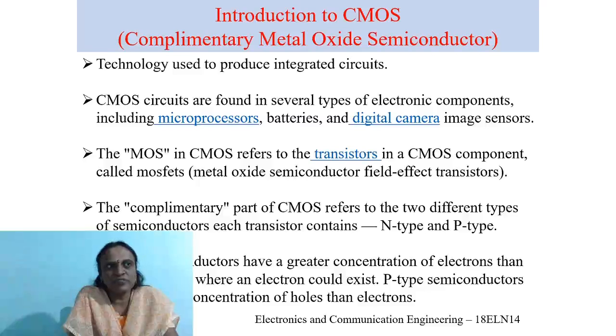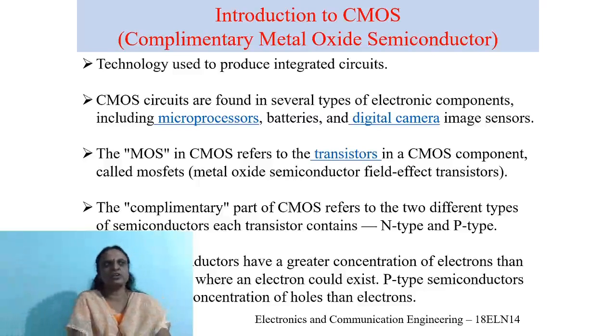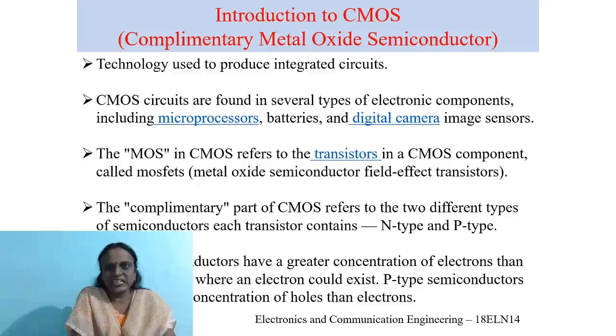CMOS circuits are found in several types of electronic components, including microprocessors, batteries, and digital camera image sensors. The MOS, metal oxide semiconductor, present in CMOS refers to the transistors in the CMOS component, called MOSFET.